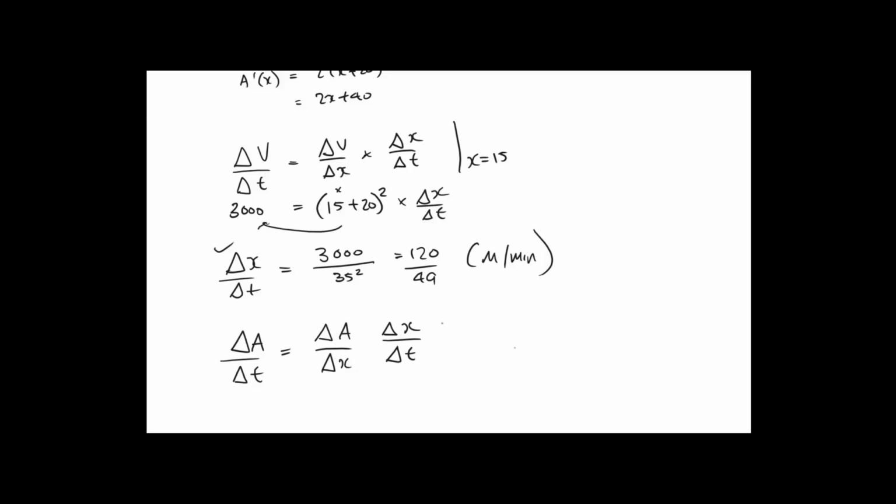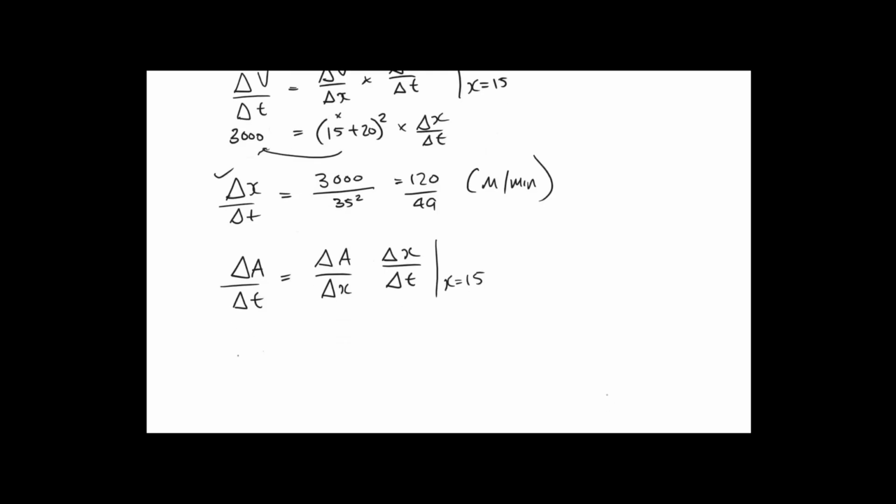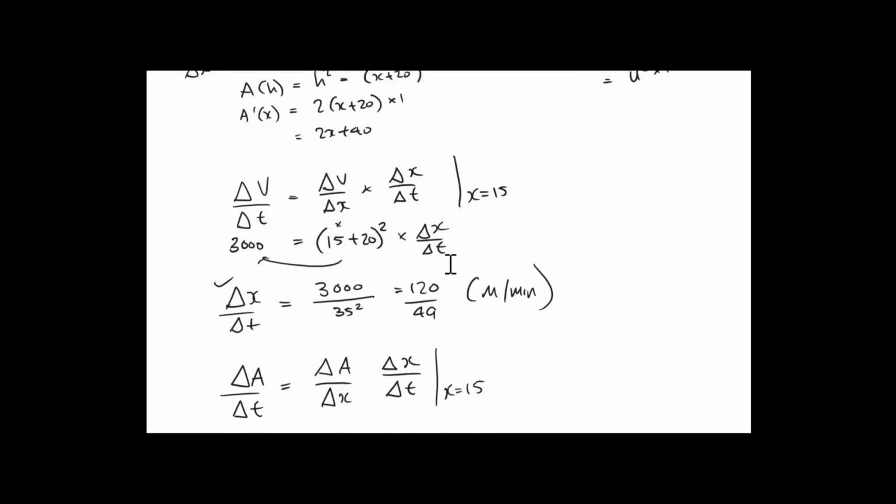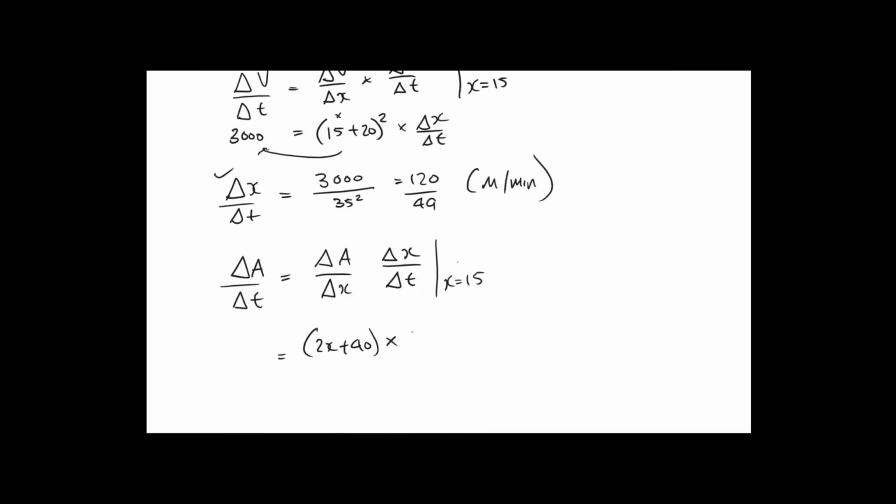And we're going to evaluate this where x equals 15 again. So what was the change in A over x? 2x plus 40 times 120 over 49, evaluated where x equals 15.